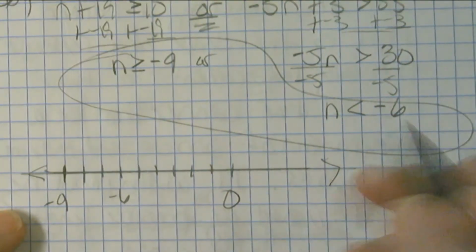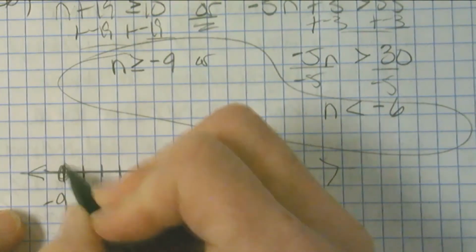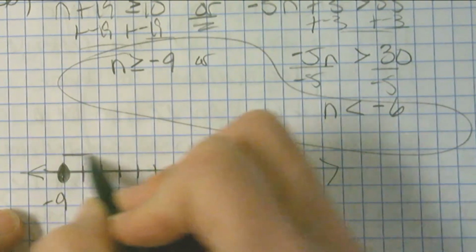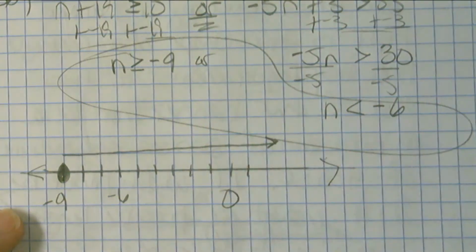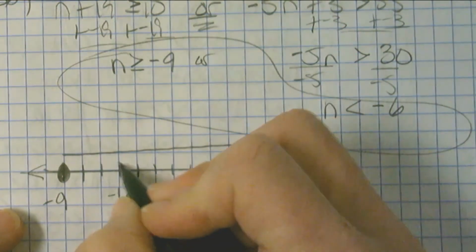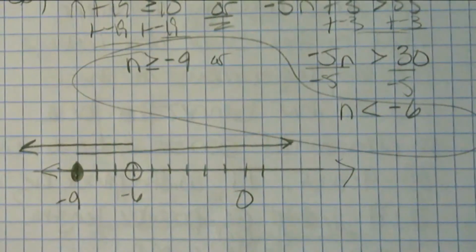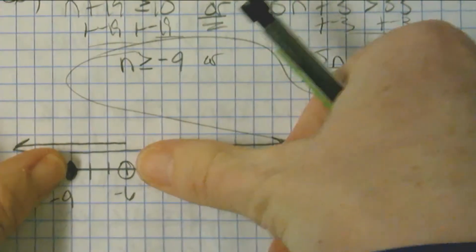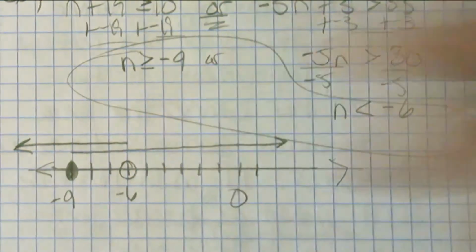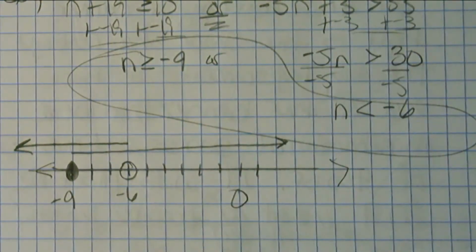So here's 0. So n is greater than or equal to negative 9, and n is less than negative 6. If this was an and, it would just be the overlap. Since this is an or, it's any n value that meets one of those or the other.